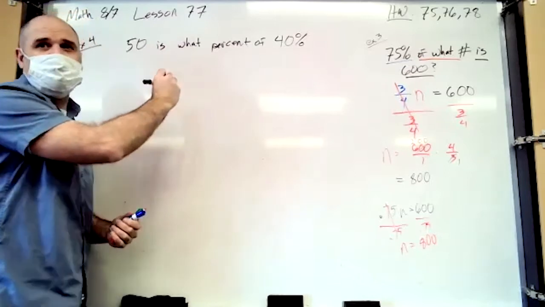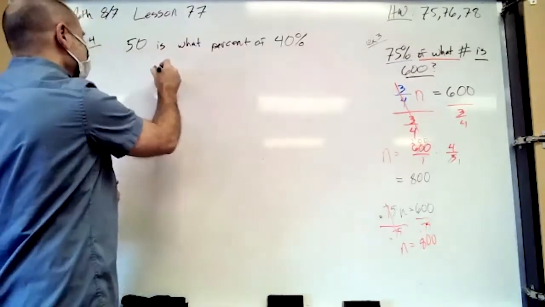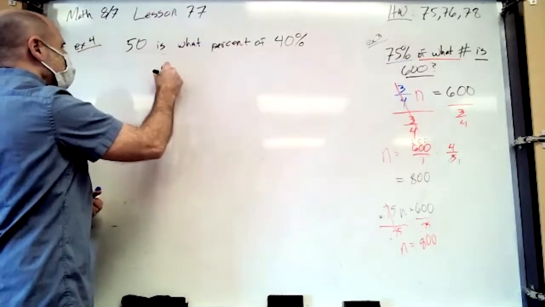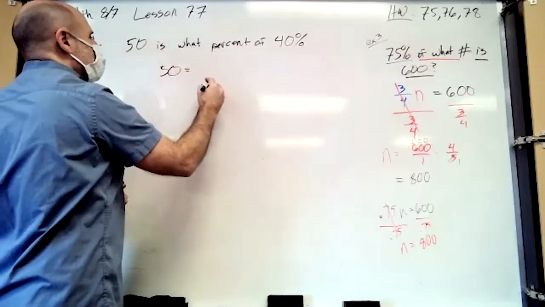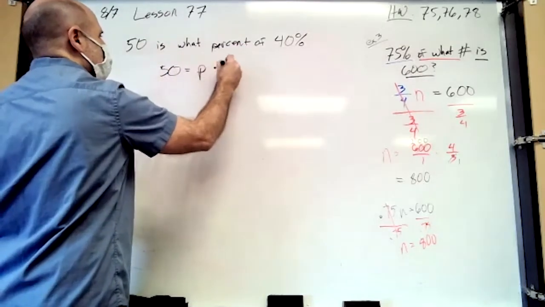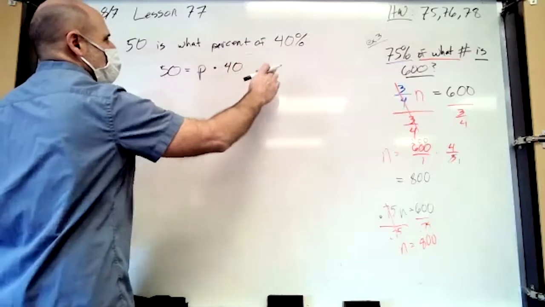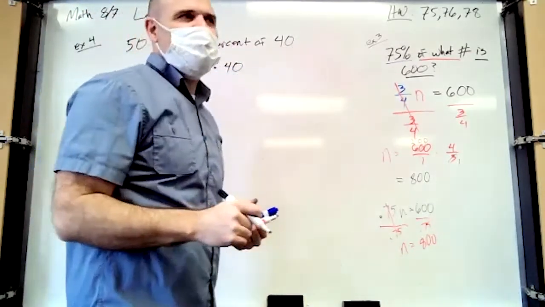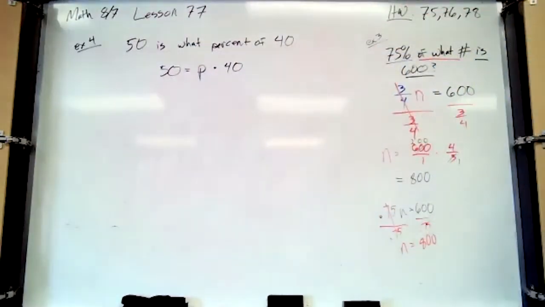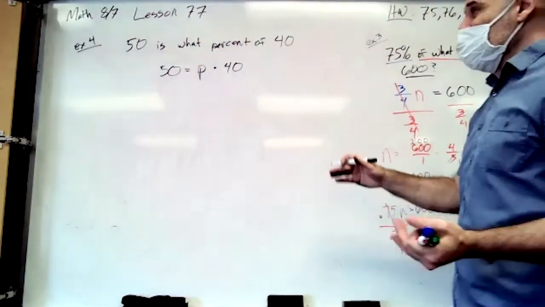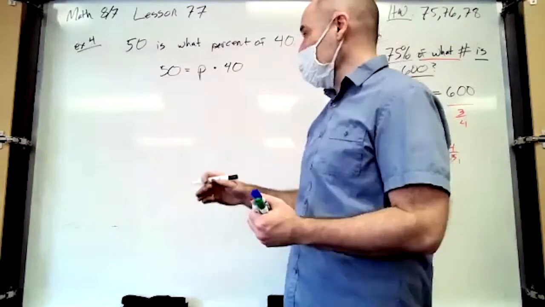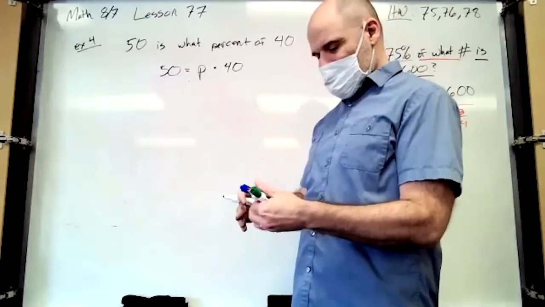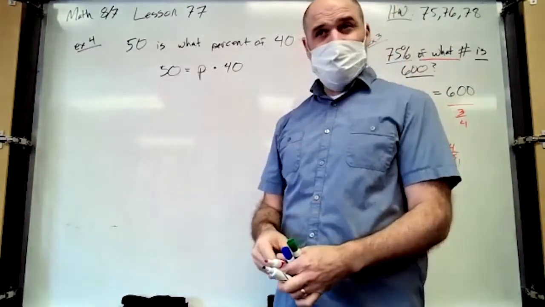Yeah. 50 equals P times 40. Okay, 50 is what percent of 40? This is the translation. We haven't done any math yet. I'm still not going to do math because all I'm going to do is draw some lines here.